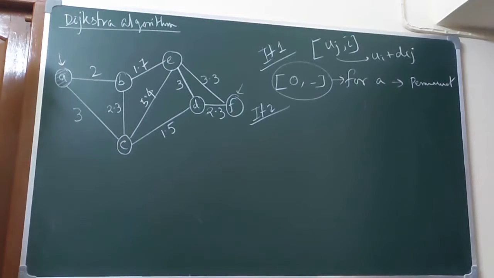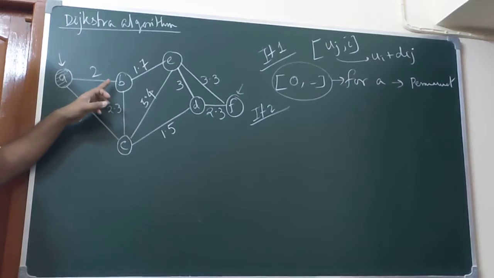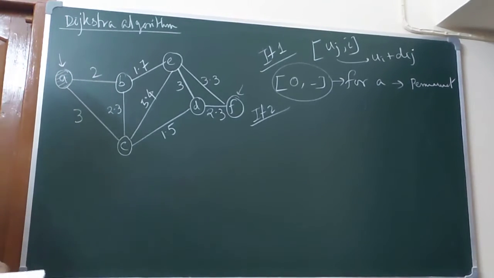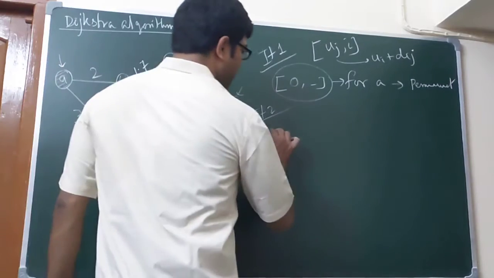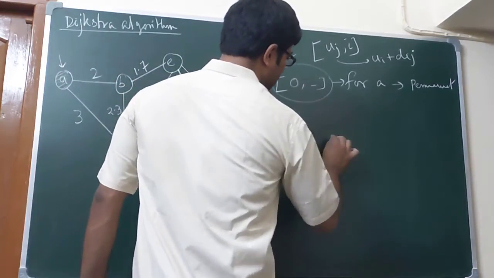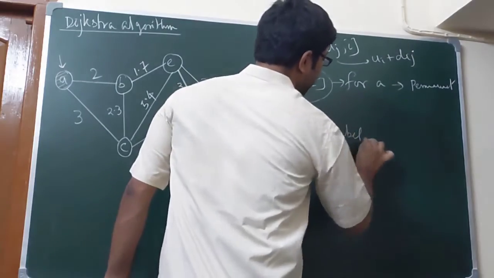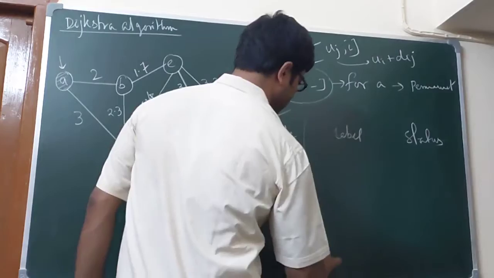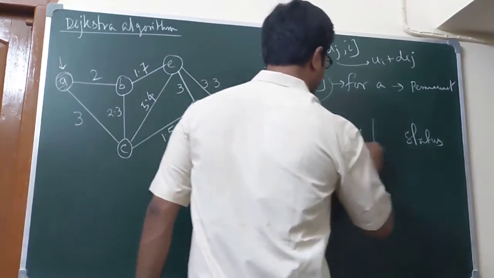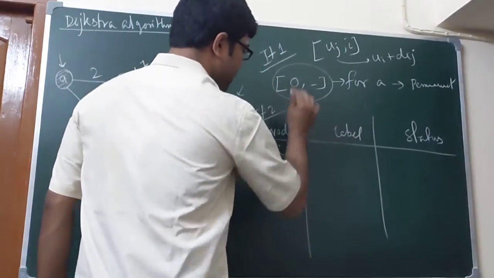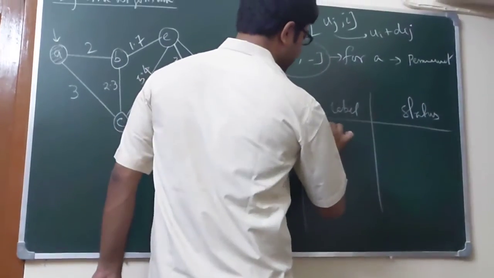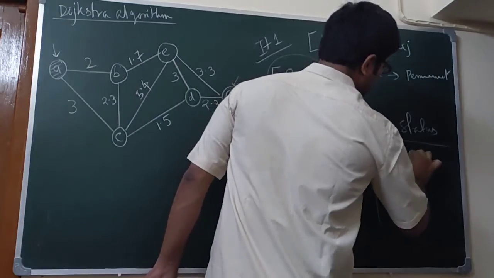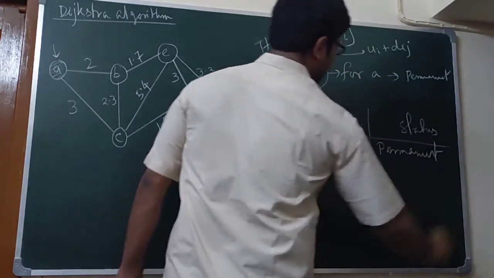In iteration 2, there are two nodes that can be reached from source node A, that is B and C. So we write the node, its label and its status. Our first node is A, its label is 0, null and its status is permanent.